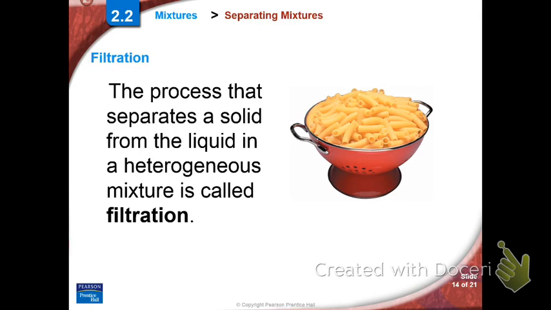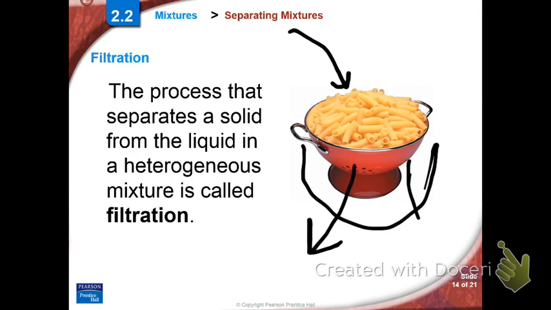Filtration is one way that we can separate a liquid and a solid that makes up a heterogeneous mixture. Just like when you cook macaroni. You've got it cooking on the stove in the hot water, and when it's done, you want to separate the liquid from the solid. So you use a colander. You pour everything into the colander, the water pours out the holes, and you are left with the pasta that you want to eat.